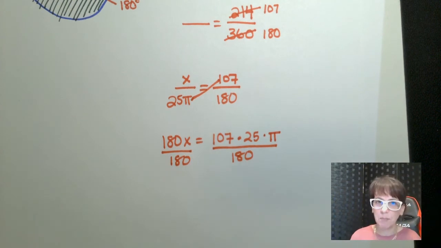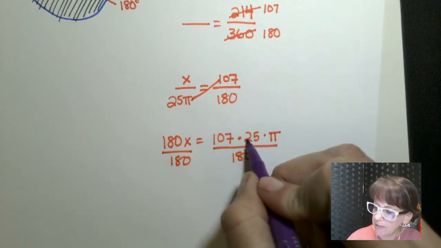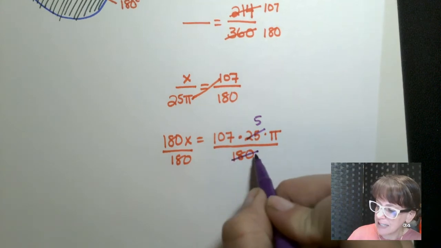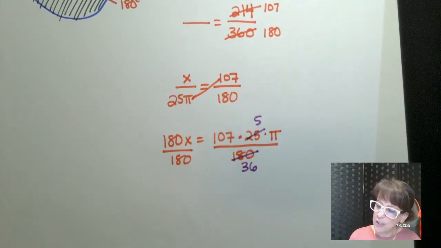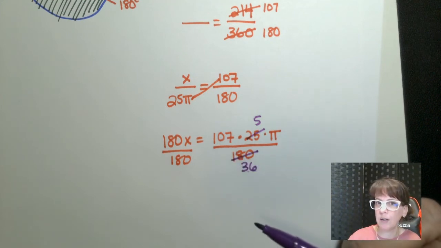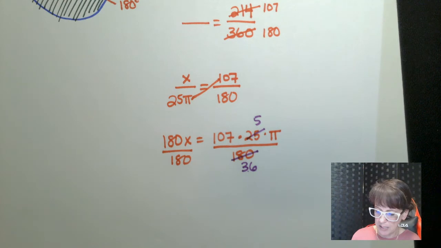Now the reason I didn't multiply it together is because I can take 25, divide that by 5, I get 5. And then 180, I divide that by 5 and I get 36. Okay, I don't think I can reduce that any further because 36 and 107, there's not really anything that I can think of that goes into 107. So we take 107 and multiply that by 5.